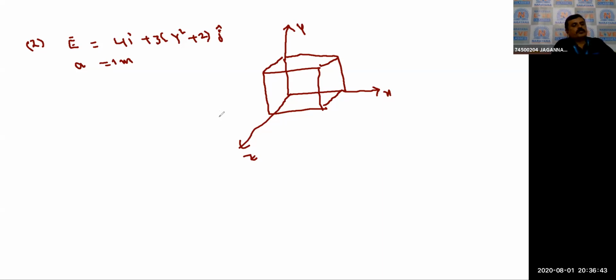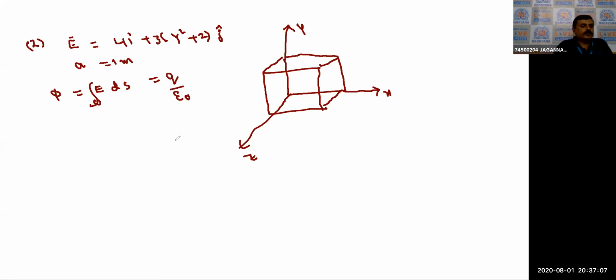For this, we have to consider electric flux according to Gauss law. Electric flux phi equals integration E ds equals Q by epsilon naught.